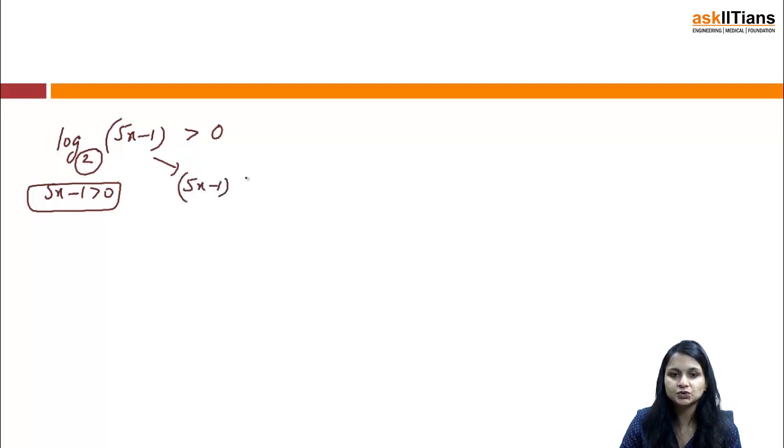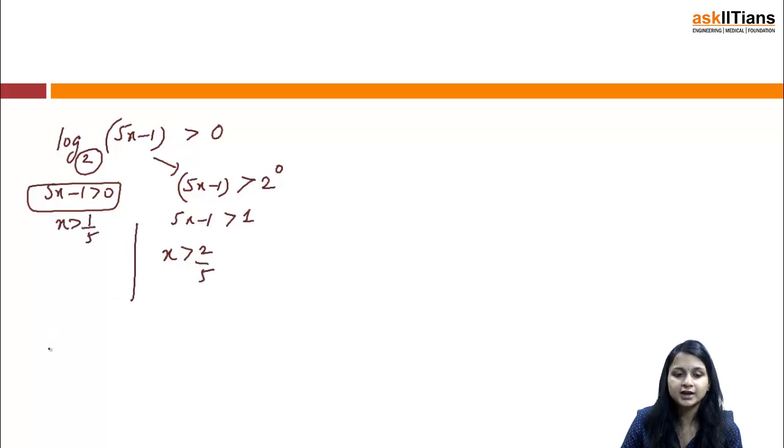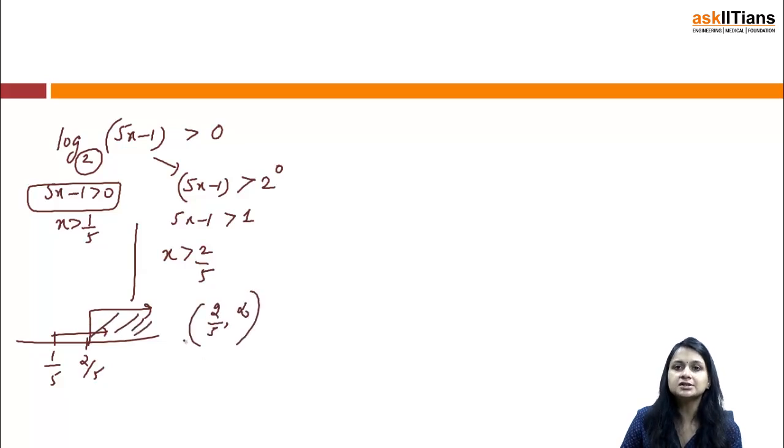So 5x minus 1 greater than 2 raised to the power 0. So 5x minus 1 greater than 1, or x greater than 2 by 5. So here I have x greater than 1 by 5 and here x greater than 2 by 5. The intersection would be this region. So the final answer would be 2 by 5 to infinity. So this is how we handle these kinds of inequalities.